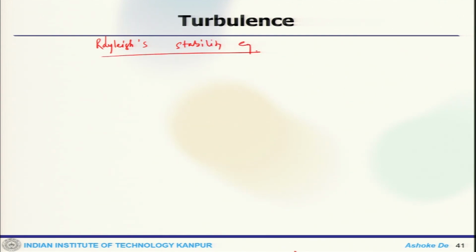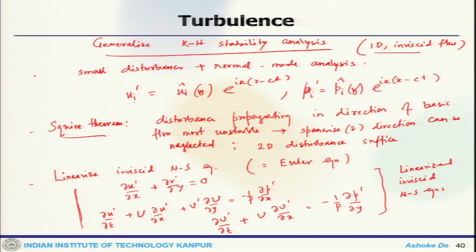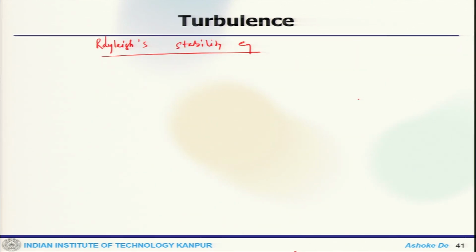So, from those equations, when we put u i prime equals to u i hat and this normal mode analysis and p i prime, what we get?